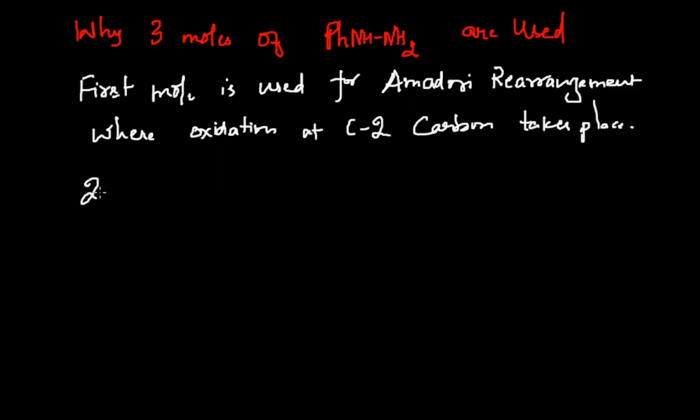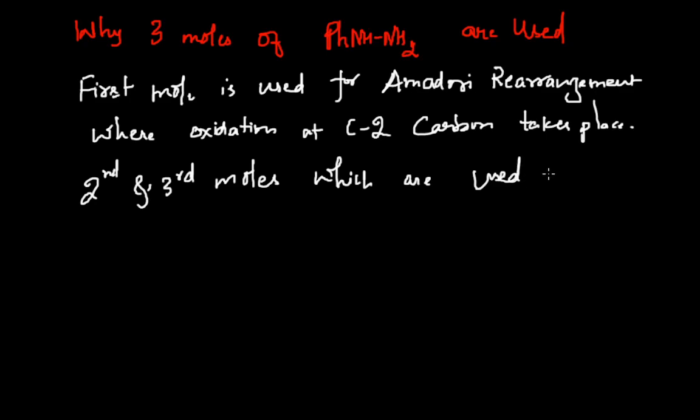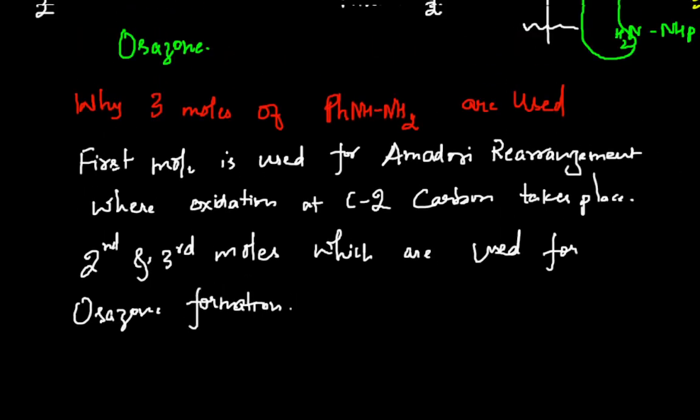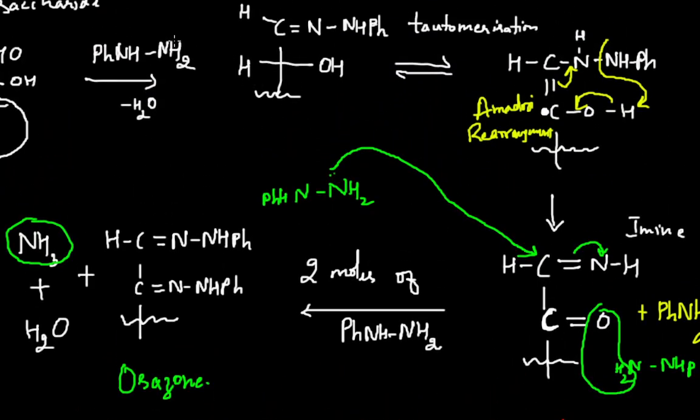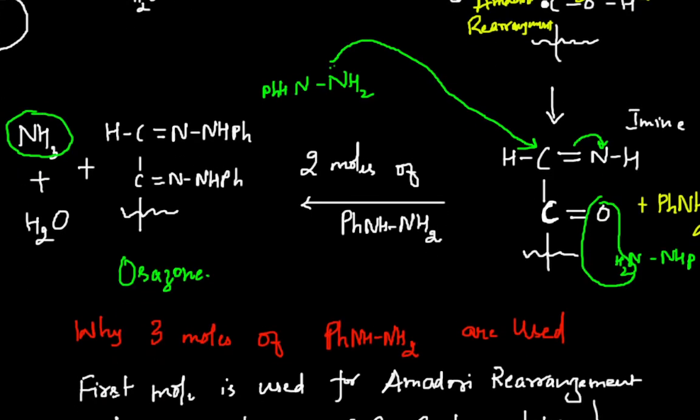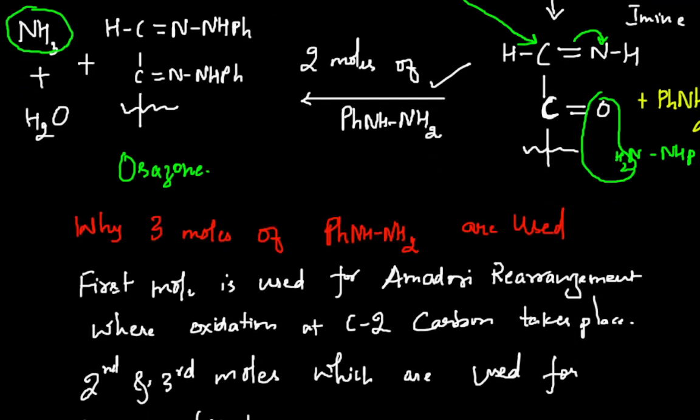The second and third moles are used for osazone formation. The first one is used for Amadori rearrangement. It is these 2 moles of phenyl hydrazine that are used for the osazone formation.